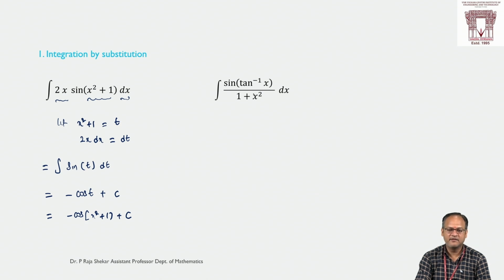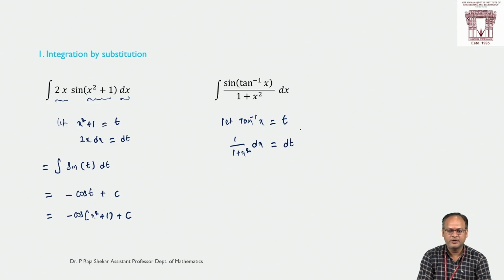So we can replace the tan inverse x term. Let me replace tan inverse x by some variable t. On differentiating, 1 divided by 1 plus x square dx is dt.